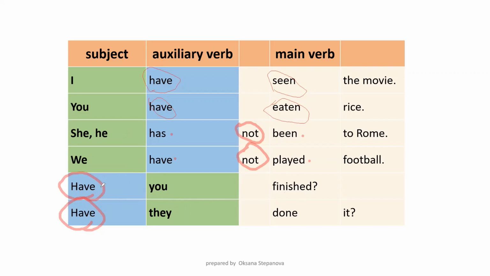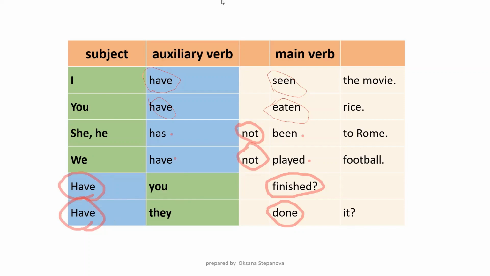So have comes before the subject and the main verb after. We get: have you finished? Yes, I have finished. Have they done it? Yes, they have done it. This is also important to remember, how we make questions in present perfect.